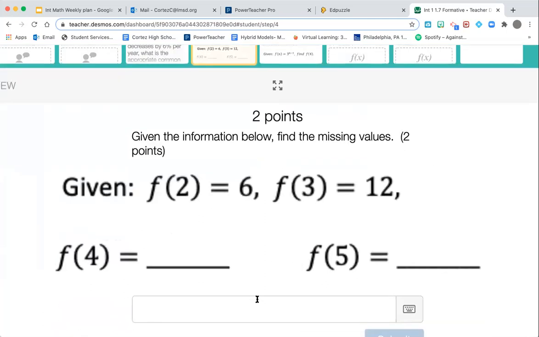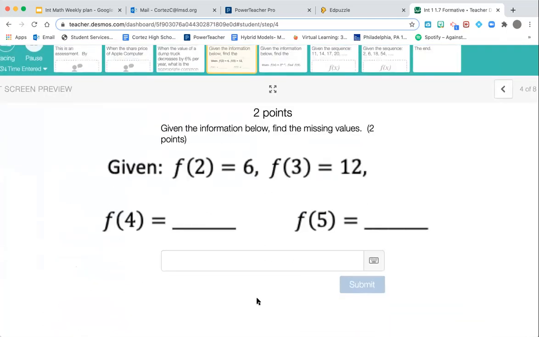We have these 2 points here. F of 2 is 6, F of 3 is 12. Luckily, this wasn't mentioning if it's arithmetic or geometric. So if you wanted to take this to a table, it would look something like this. You're always encouraged to use the other representations of our expressions. So when n is 2, the outcome was 6.